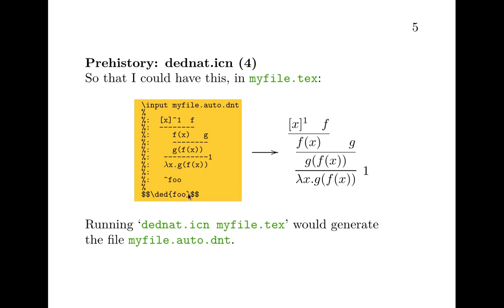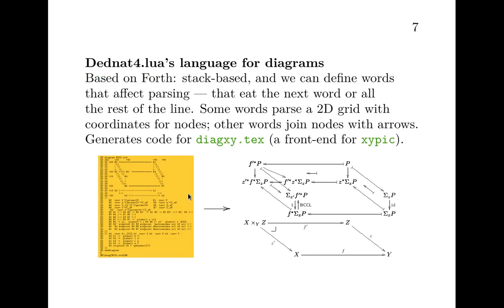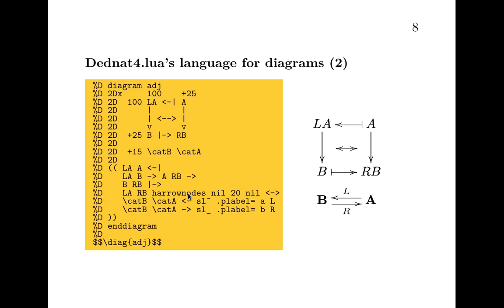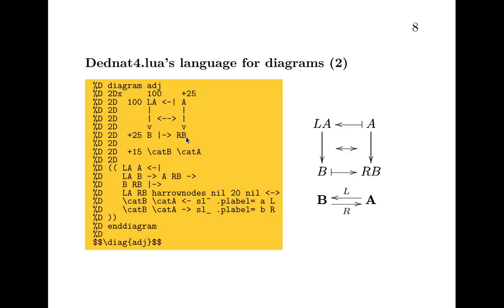And Dednat6 also supports another language for typesetting two-dimensional diagrams with arrows and stuff for category theory and so on. The specifications of these diagrams look like this. Here is a very good example.